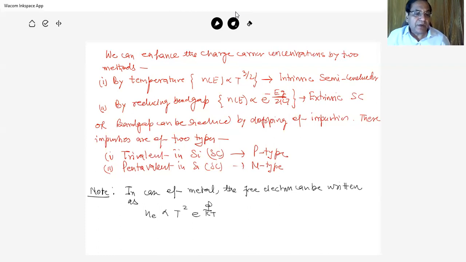This e raised to the power phi upon kT gives the information regarding the work function. That is T square, and here phi is the work function.